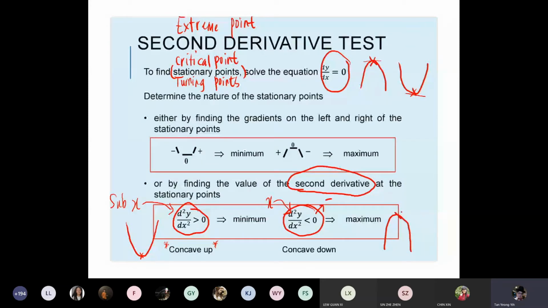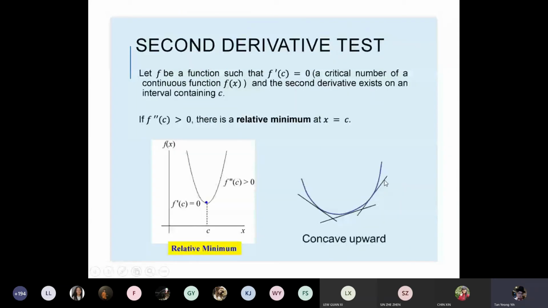So the point is a maximum point. We call the graph concave down if the graph is in this shape. Any questions? If you do not have any questions, let's continue with the next one.